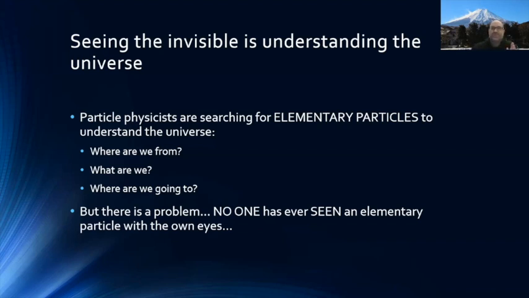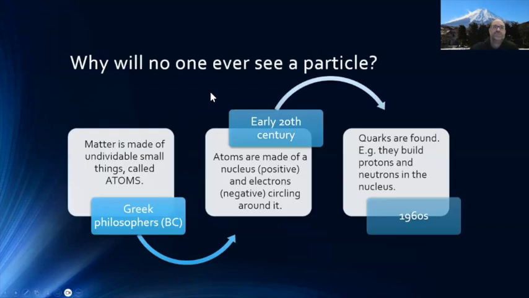So let's go to the problem. No one has ever seen these particles, which might be the solutions of these three questions. When we look back in history, we start with Greek philosophers. A long time ago, they first had the idea that all matter is built of atoms, those small, indivisible things. Then in the early 20th century, everything went fast.